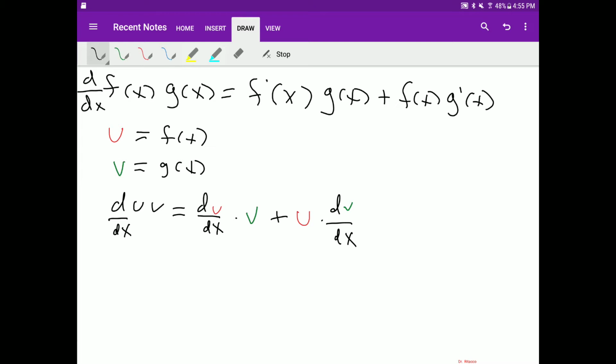So that's our product rule. If we're taking the derivative of u times v, the result would be du dx times v plus u times dv dx.